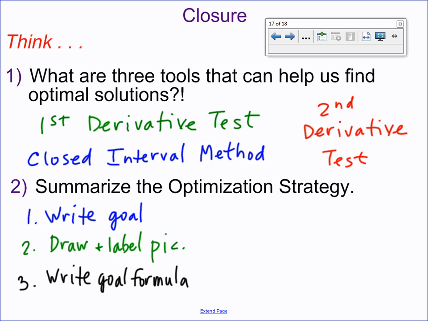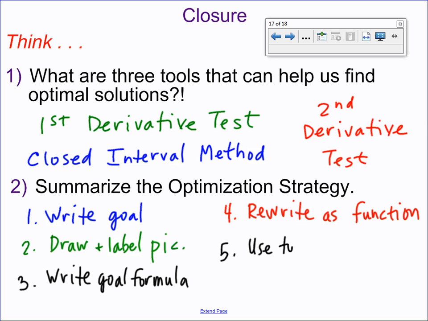Step 4, Amanda? Write the formula as a function. Good. So we'll rewrite that formula as a function. Awesome. Step 5. All right, what are we doing? Step 5. Allie, why? Use closed interval method or first derivative test. Good.